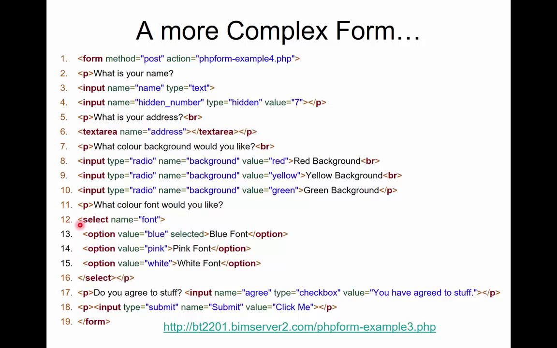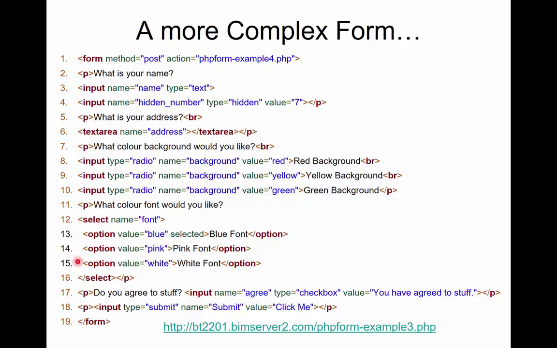The pink is the value. What's the variable name? Font. So there'll be a variable called font, or in this case $_POST['font'], and it will have one of 3 values. And select here means the end of the drop-down list.